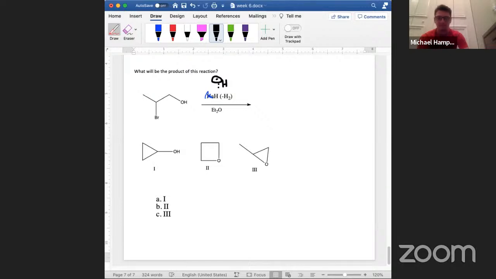Deprotonation. All right. So it wants to gain a hydrogen. Where is it going to gain that hydrogen from? Boom. So the intermediate is this.